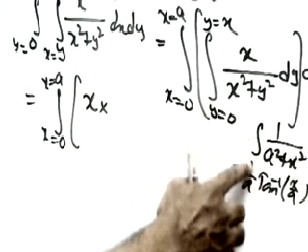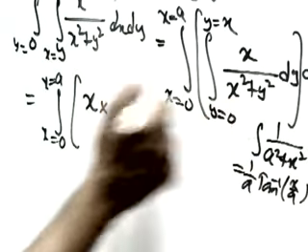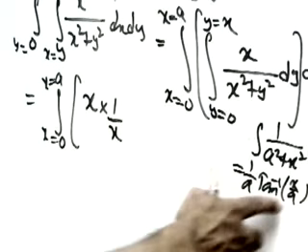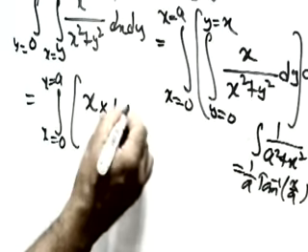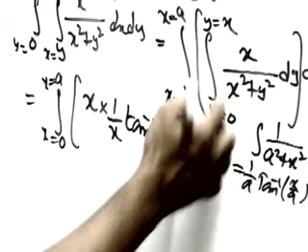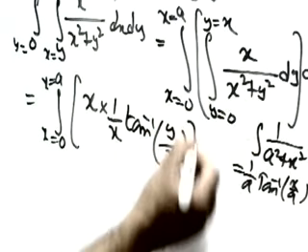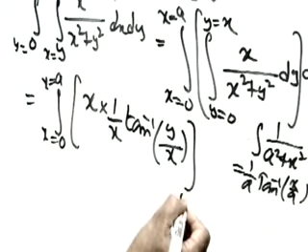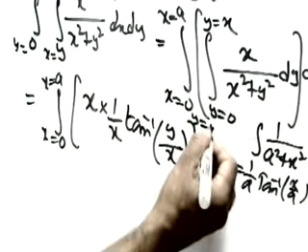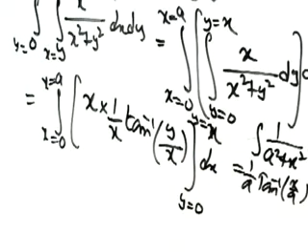This x is constant, you write as it is, into, what is the formula? 1 by a. In place of a we are having x, so 1 by x. Now tan inverse x by a: x is the variable y, and a is x. So this is the integration. After integration we write here y equals 0 to y equals x, dx.